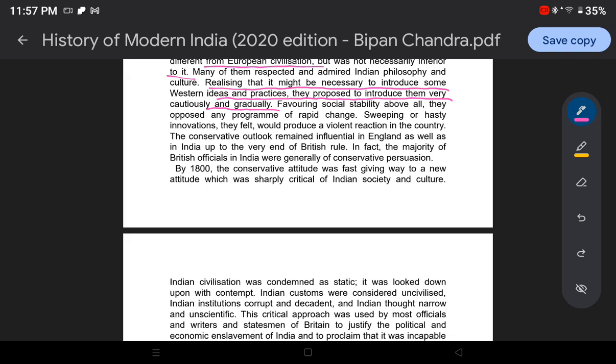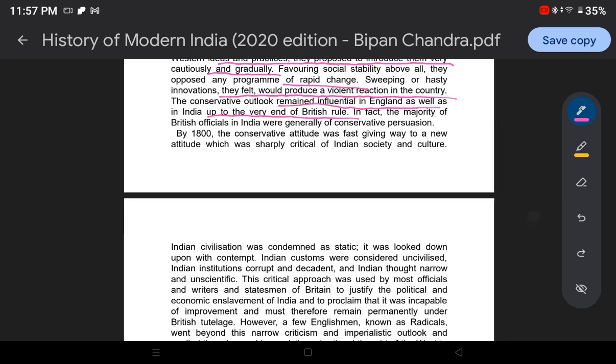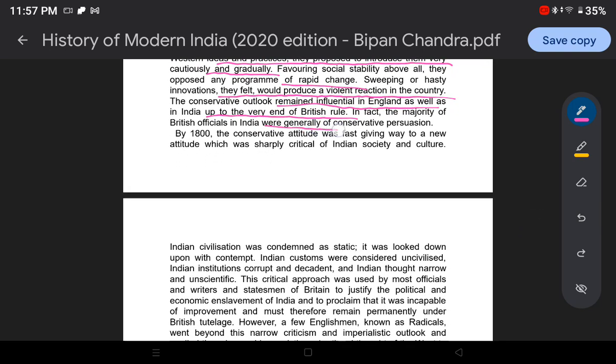They opposed a program of rapid change, feeling that sweeping or hasty innovations would produce a violent reaction in the country. The conservative outlook remained influential in England as well as in India up to the very end of British rule. In fact, the majority of British officials in India were generally of conservative persuasion.